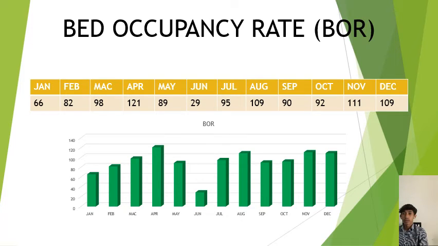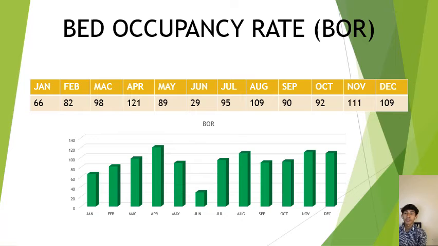So as we can see at the chart, the available bed capacity in January is 66, and from January to February it increased from 66 to 82. February to March it increased from 82 to 98.